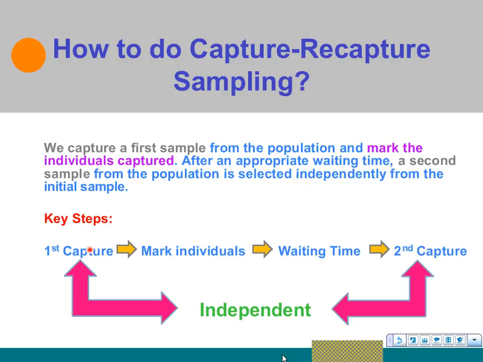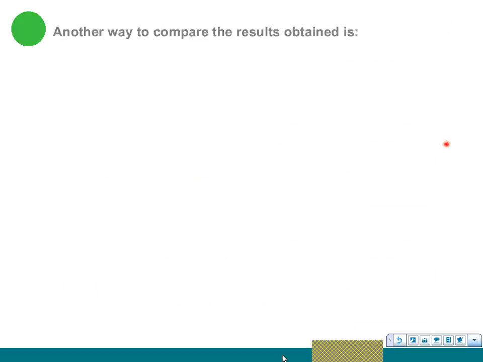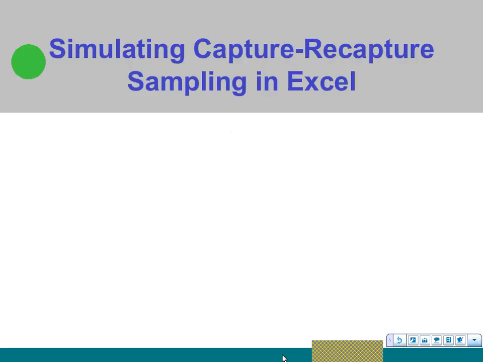So we've done the first part, the first capture, and we marked individuals, and now we wait a little bit of time and we do the second capture. So let's see what we have next.